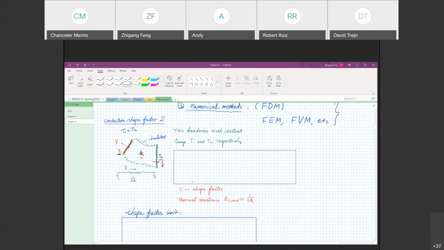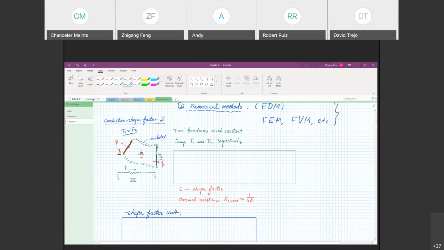So you cannot have half of the boundary to be 20 Celsius, the other half of the boundary to be, let's say, 50 Celsius. You cannot have that situation. The temperature at one boundary has to be constant. At the other boundary it has to be also constant, T1, T2. Let's say T1 is greater than T2.